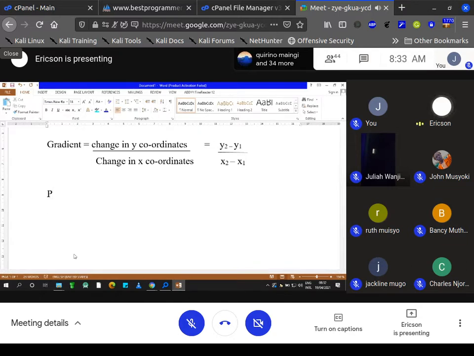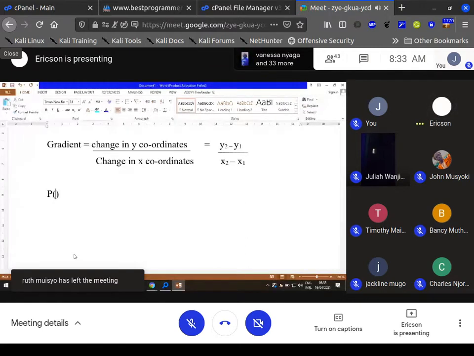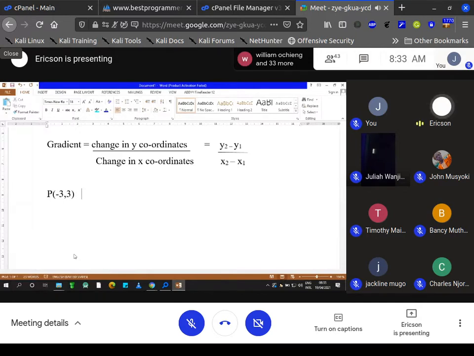Have a point P with the coordinates (-3, 3). Then you have another point Q with the coordinates (1, 1).